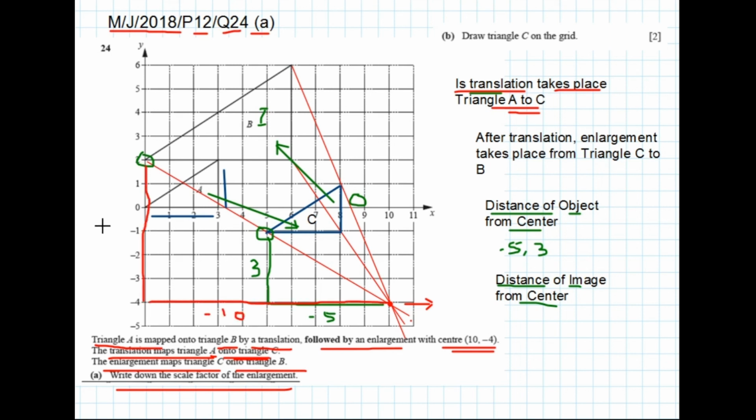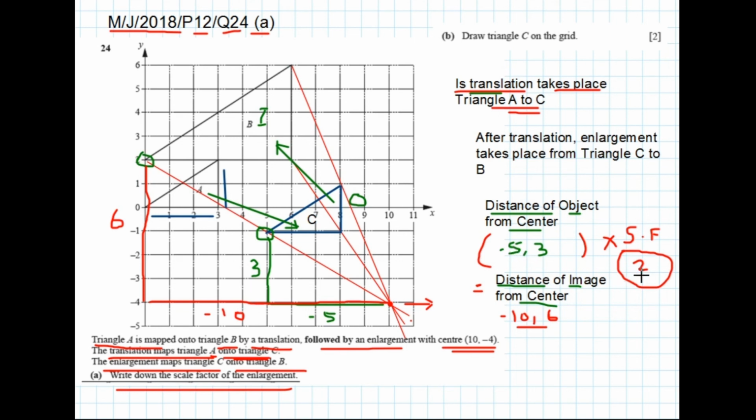So the distance of object minus 5, 3 multiplied by the scale factor is equal to the distance of image minus 10, 6 from center. So what will be the multiplying factor? That is the scale factor to get the coordinates of image minus 10, 6. It should be 2.